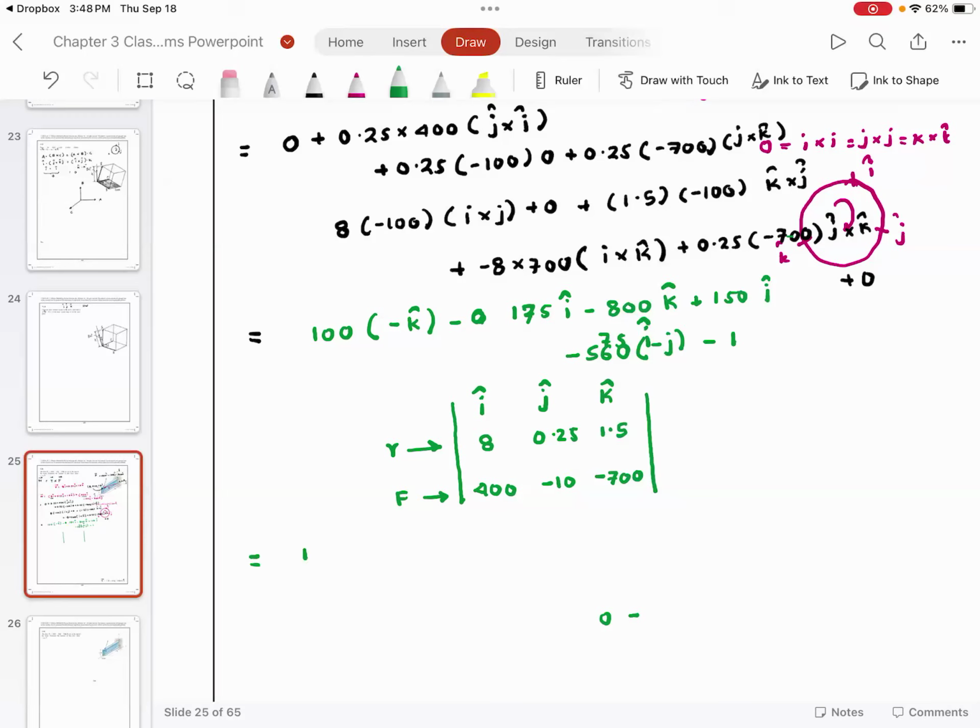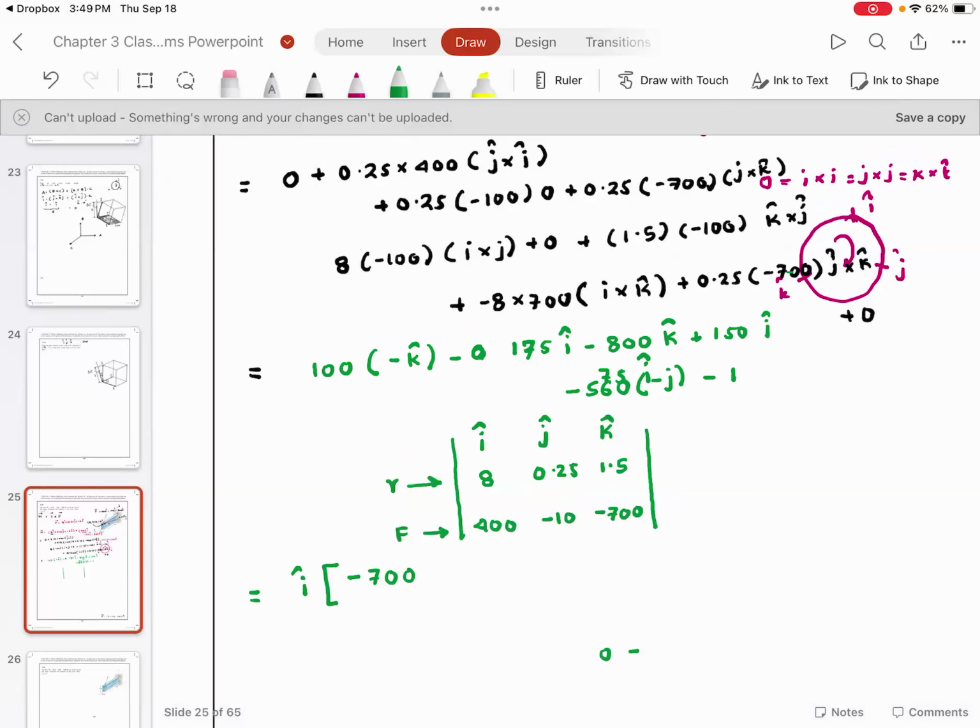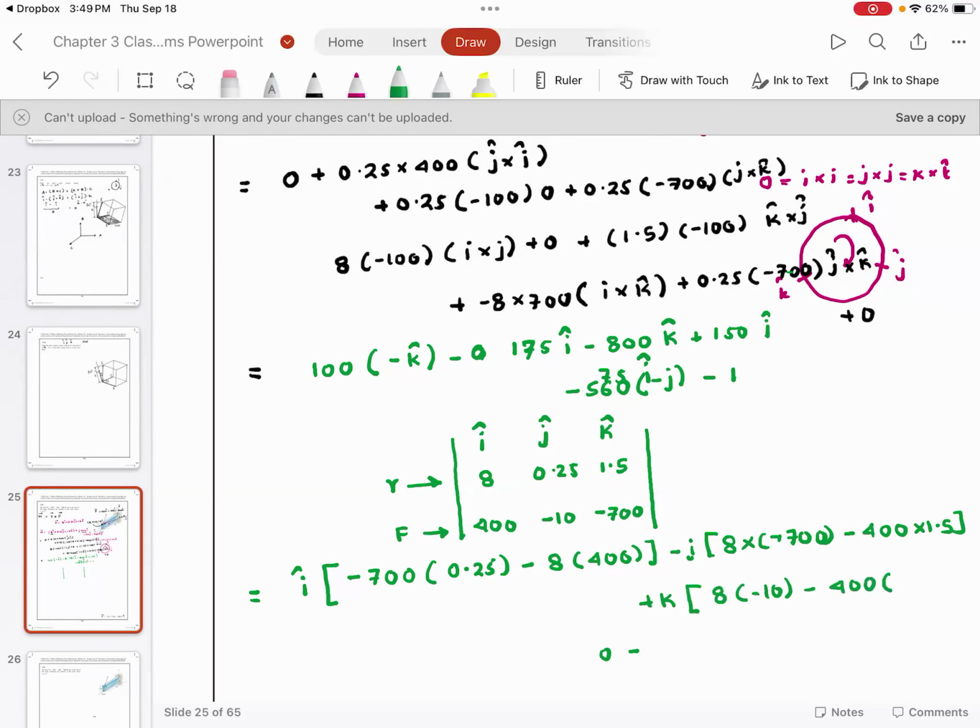So i times (0.25 times minus 700 minus 1.5 times minus 100), and this is the determinant, minus j times (8 times minus 700 minus 400 times 1.5), and plus k times (8 times minus 100 minus 400 times 0.25).